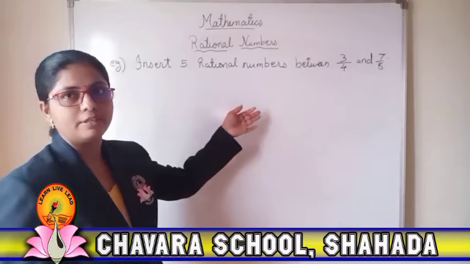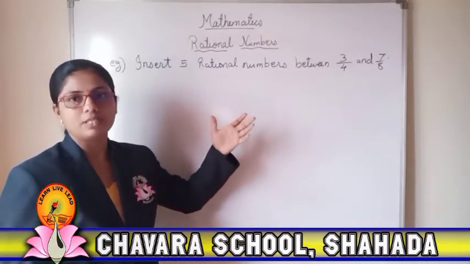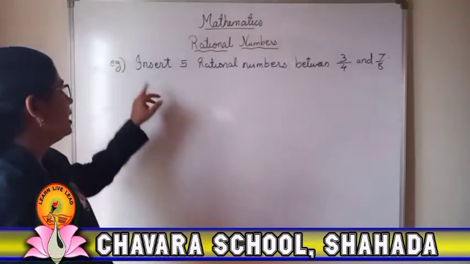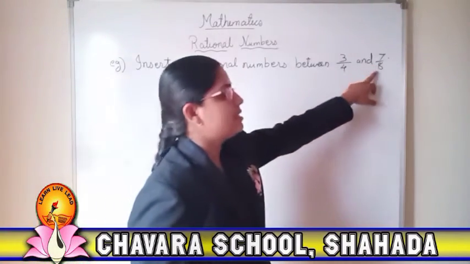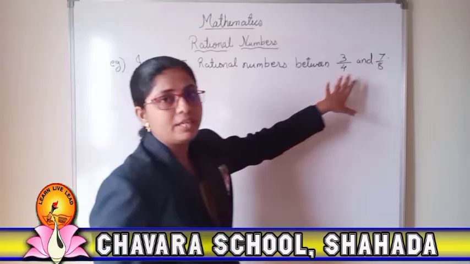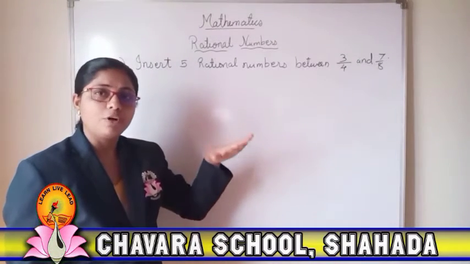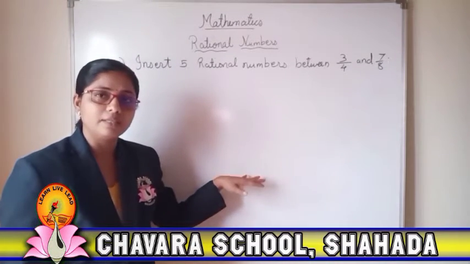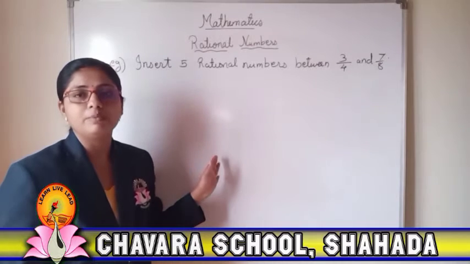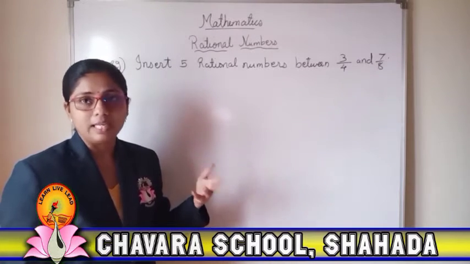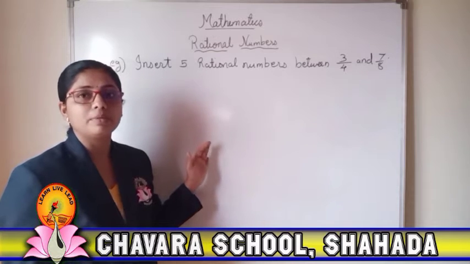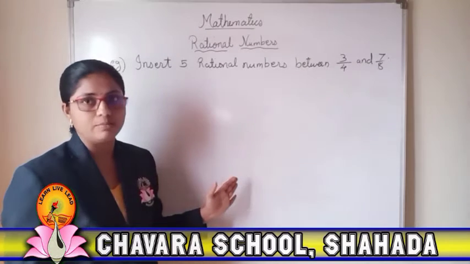It is quite different from the example we studied before. Insert 5 rational numbers between 3/4 and 7/8. If you go for the lengthy method, it will be difficult and a waste of time. In the examination you need time, so to save your time, we will go for this method.